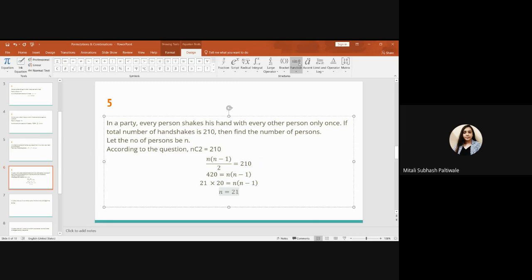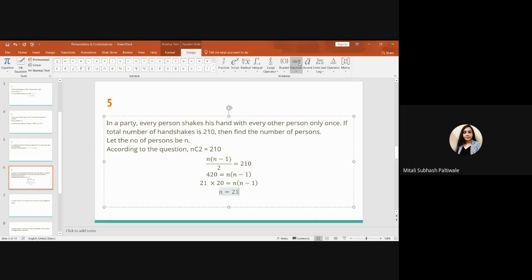Now, because everyone is shaking hands with everybody, if there are 21 people, then we have 210 handshakes. So that is why.